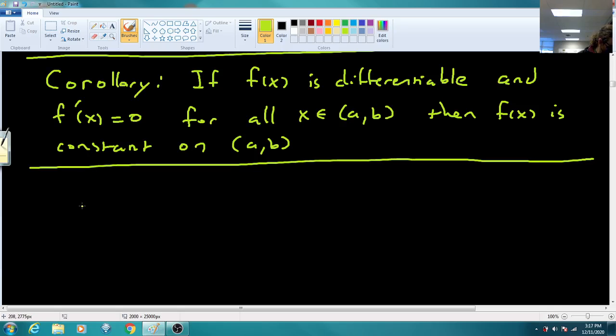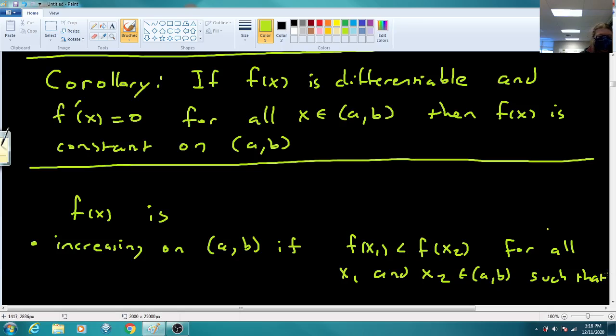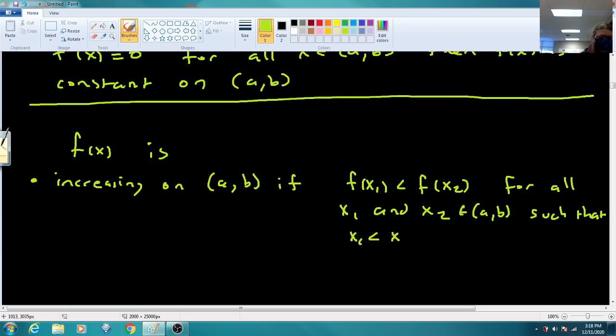So we're going to say f of x is increasing on the interval a to b if whenever f of x1 is less than f of x2, so if the function at x1 is smaller than the function at x2, for all x1 and x2 in a to b such that x1 is to the left of x2, which means x1 is less than x2.